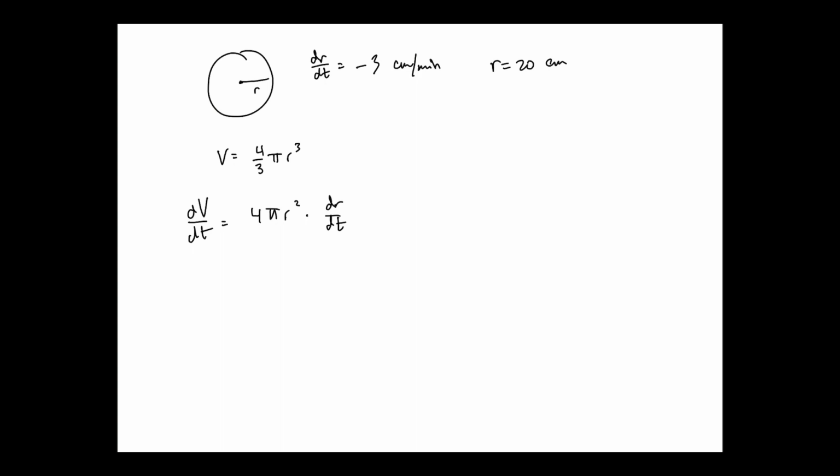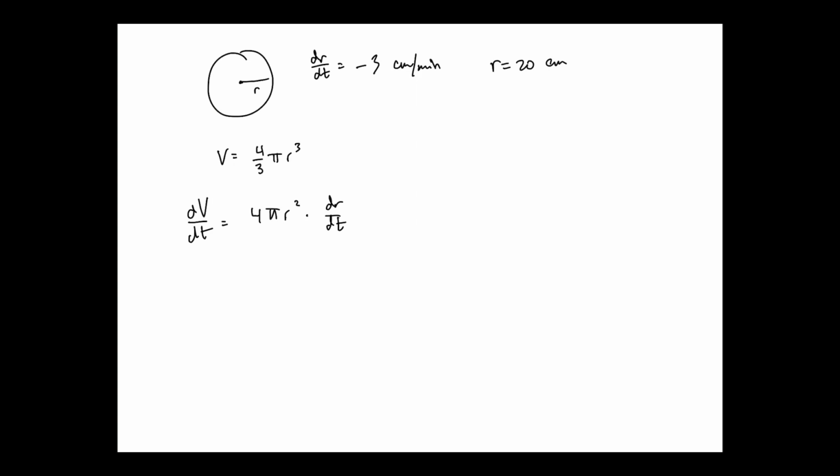So we cool with that, right? If you forget those things, by the way, if we forgot dr/dt here, you'd be kind of stuck, because where would we plug in the fact that we know dr/dt is minus 3? We wouldn't have a spot to put it.